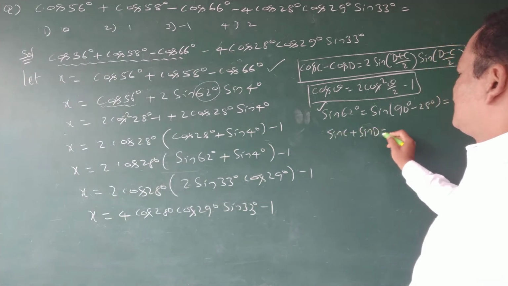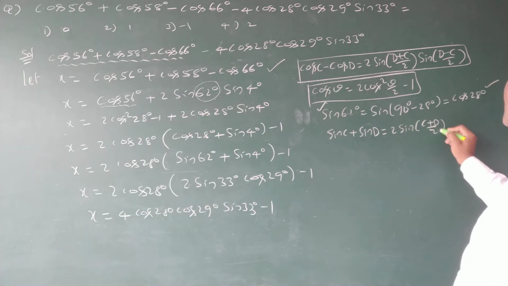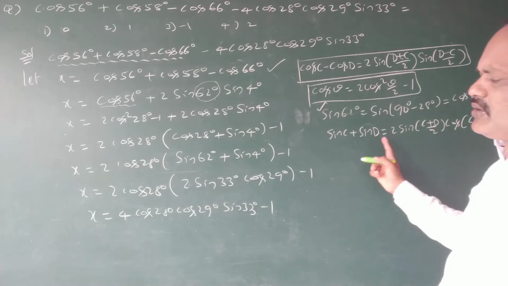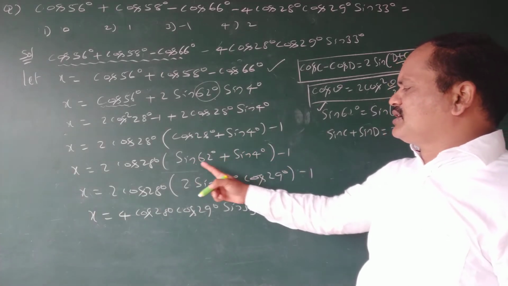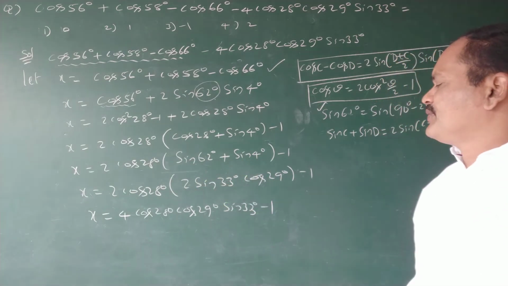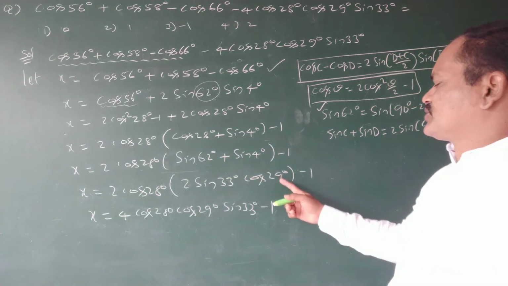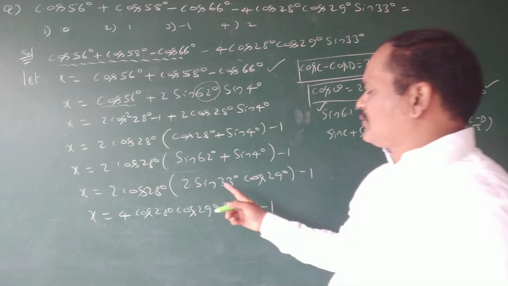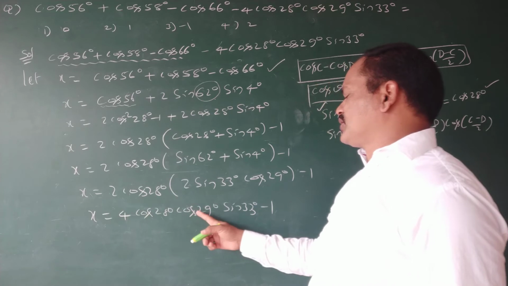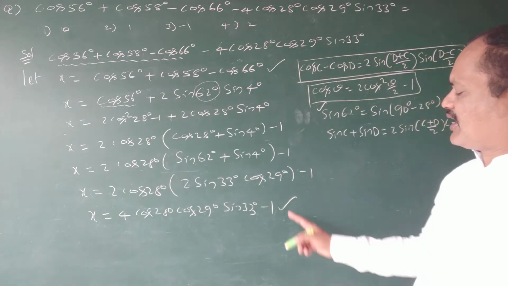Sin C plus sin D is equal to 2 sin((C plus D)/2) cos((C minus D)/2). According to this, 2 sin of (62 plus 4)/2, that is 33, and cos of (62 minus 4)/2, that is 29. Now 2 into 2 is 4, so 4 cos 28 cos 29 sin 33 minus 1. This is the value of x.